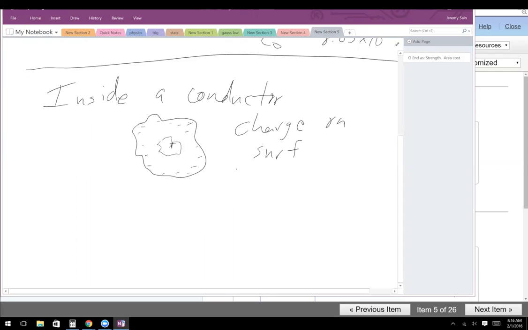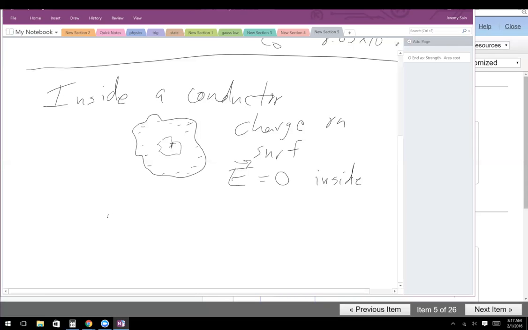Another thing that comes from that: the electric field on the inside is always 0. Because if there was an electric field, it would move the charges around, but the charges are free to move, so they're going to move around until the field becomes 0. In real life, it's not quite 0, but it's pretty close.